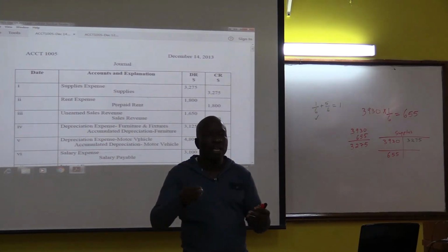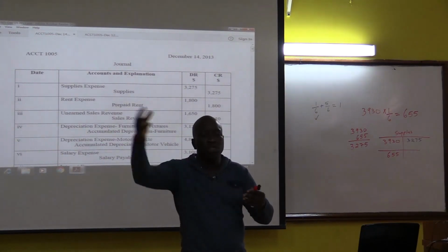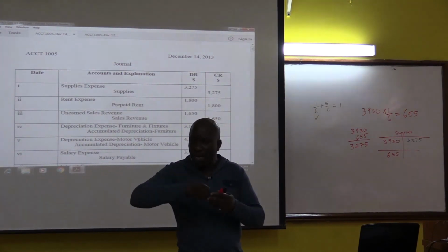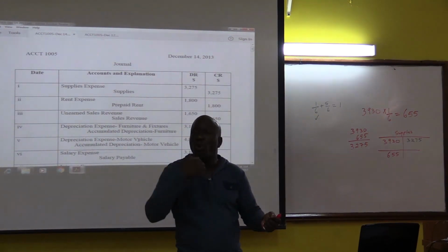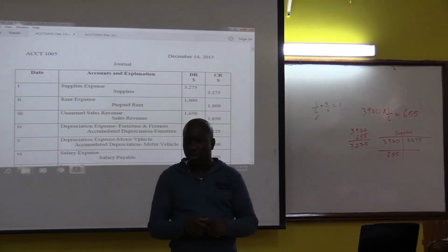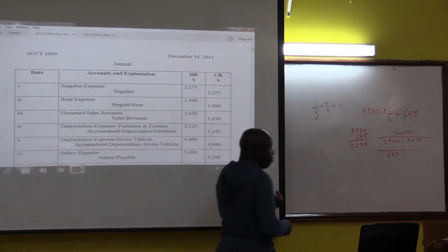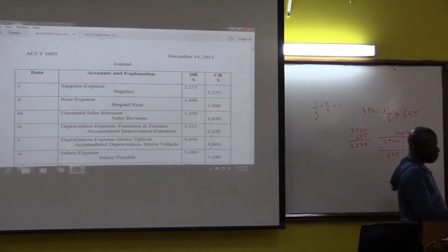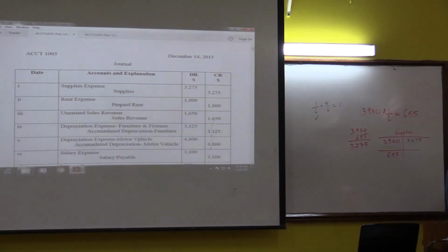It means that we paid the landlord too much money. We paid him in advance, so the landlord now is owing us. Do you agree? So, going back to this question paper, they said 1,800 of the prepaid rent expired. What is the meaning of the word expired? It means we've used it up. Is that clear? We've used it up.